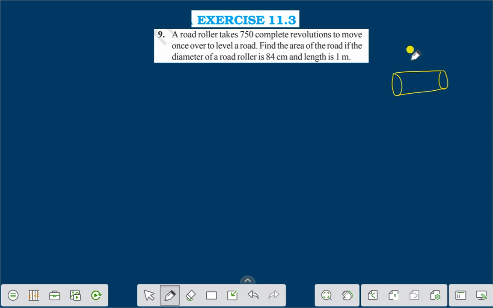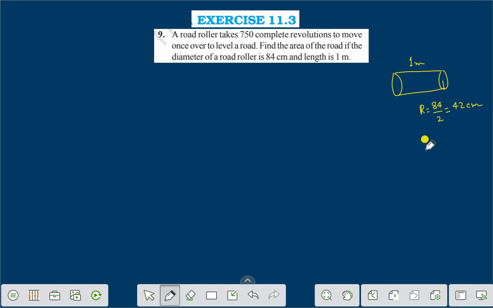It is given the length is 1 meter. The diameter is 84 centimeter. Therefore, we are getting the radius as 84 by 2, that is 42 centimeter.